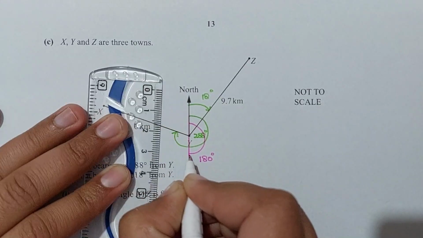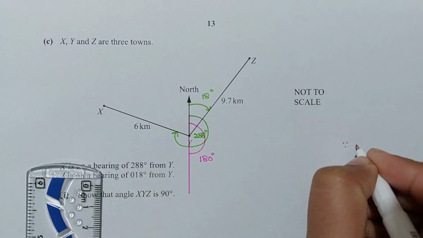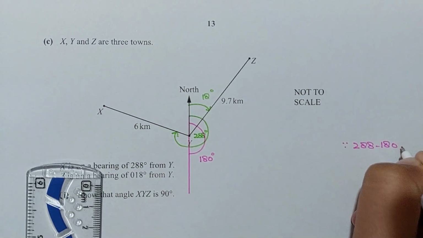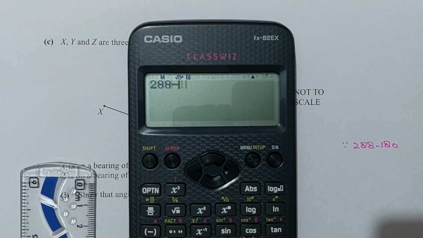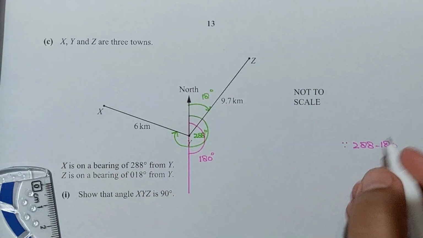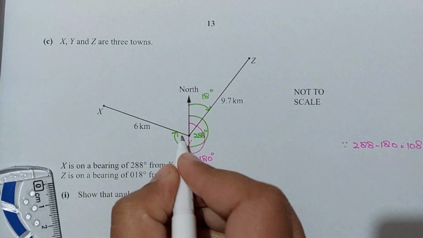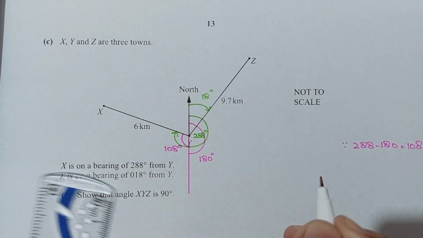In 180, what do we add to get 288? So this is 288 minus 180. We will get that angle. Okay, 288 minus 180, 108 is that angle. So this angle over here is 108 degrees, right?